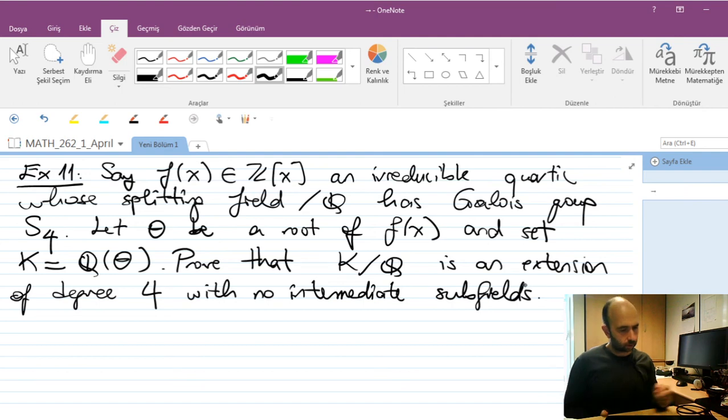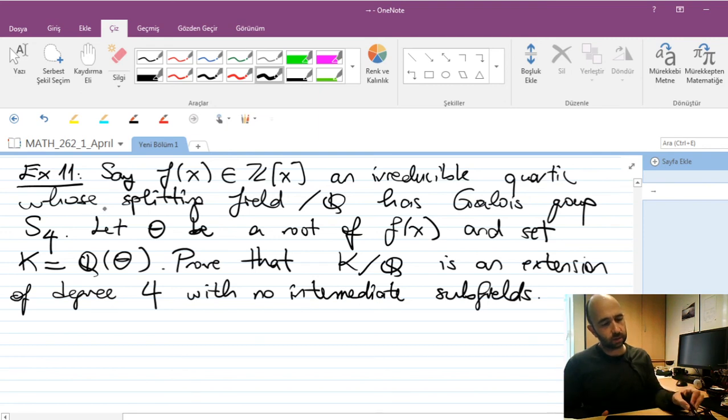Now let us be careful. This Q(theta) is definitely not going to be the splitting field itself. This is just one root, but if you want to contain all the roots, you can get much more. And indeed, the assumption is that the Galois group is S4.